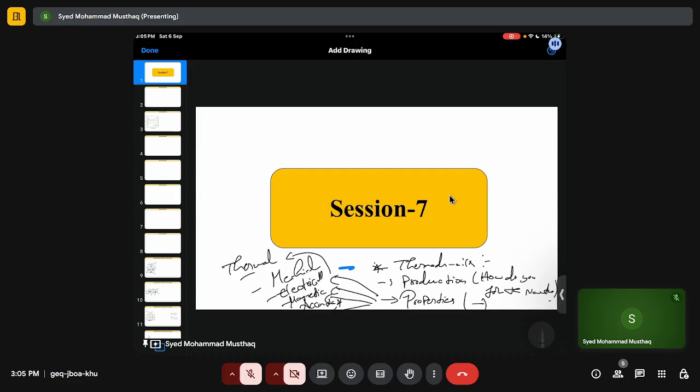And acoustic is not very much related to nanoparticles because for acoustic you need a big material, right? Because sound waves need a medium, and nanoparticles are very small. So we do not go much into the acoustic part, right? So yeah, this will be in the next session, I guess. Most probably next session.